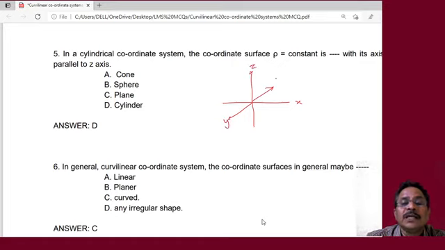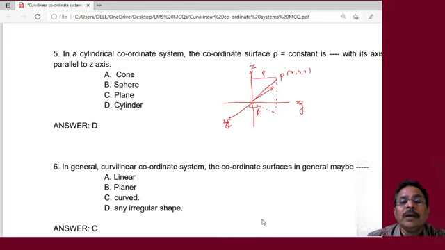Now let's take any point P here with coordinates x, y and z. Now this distance from the z axis is given to be rho, then the angle made by this with this is given to be phi. I can take this to be the x axis, no problem, this is the y axis.